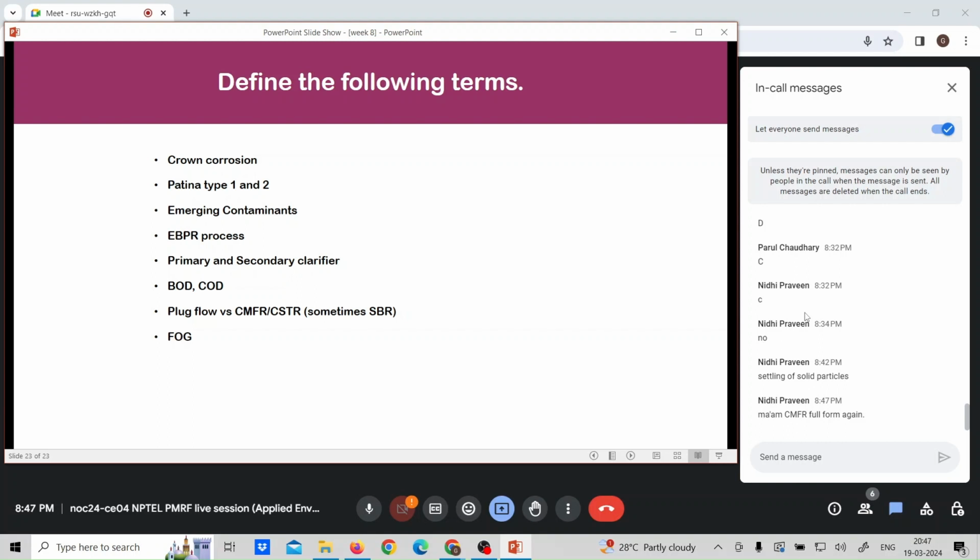When it is a batch reactor, you call it a CMBR, completely mixed batch reactor. In the continuous case, it is CSTR, continuously stirred tank reactor. SBR is sequential batch reactor.